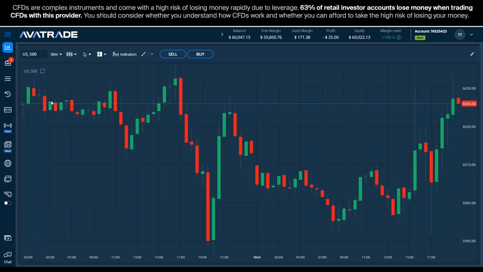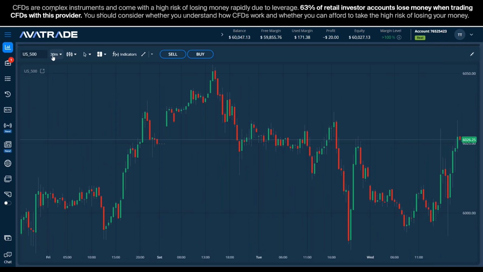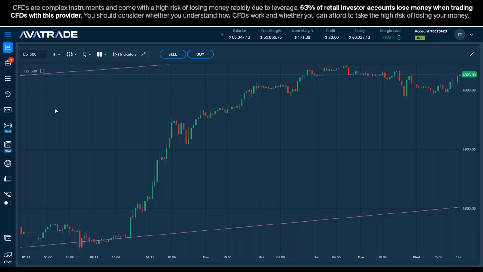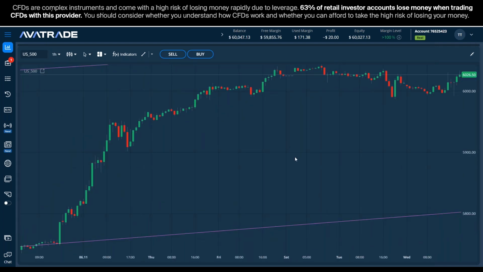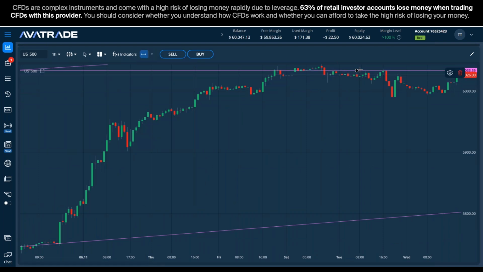So if we go to 30-minute candles, we could start to see on the smaller scale that a resistance level, at least temporarily, has formed. And so if I want to draw a horizontal line, here's our resistance. Okay, so it tested this level once and dropped.